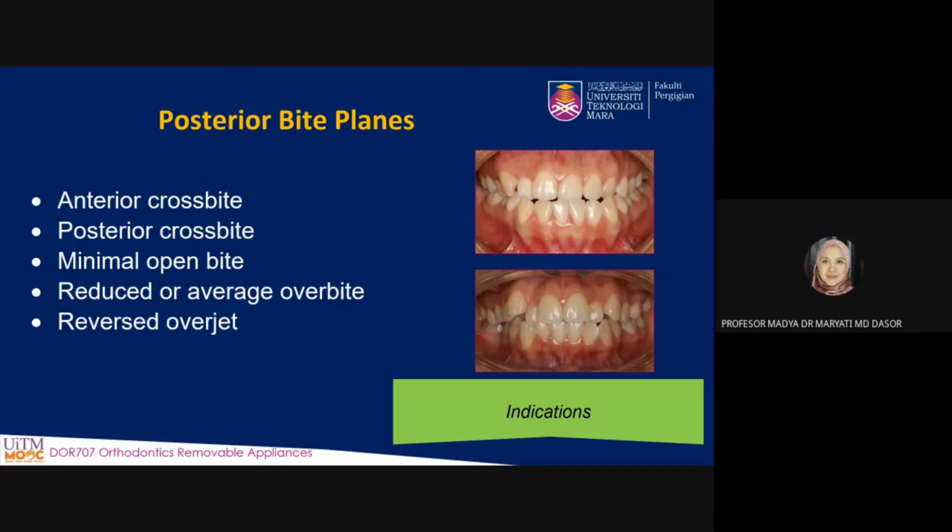Posterior biplane is also indicated when a patient presents with minimal open bite or reduced and average open bite. Reverse overjet occurs when there is a total of 4 incisor teeth in crossbite. It is also very beneficial for this type of patient to have a posterior biplane.